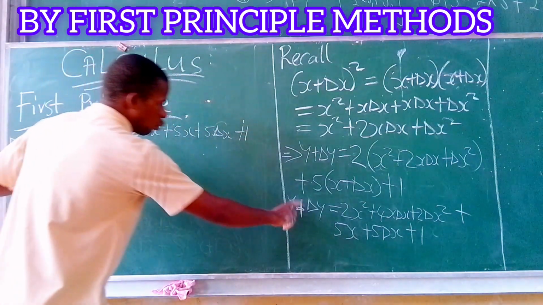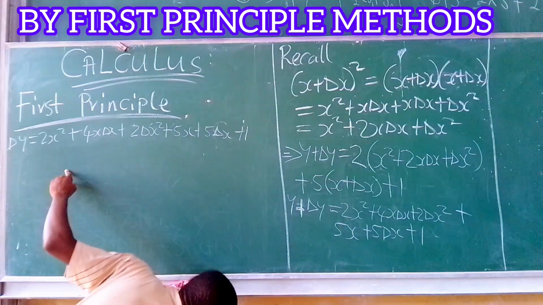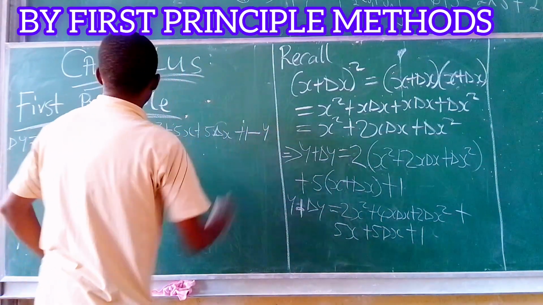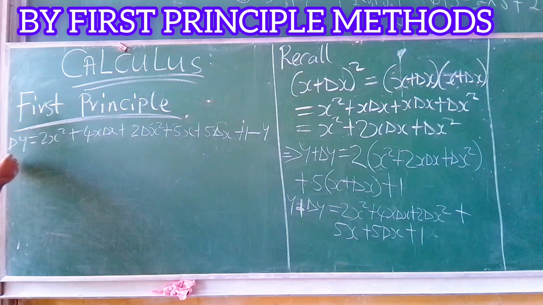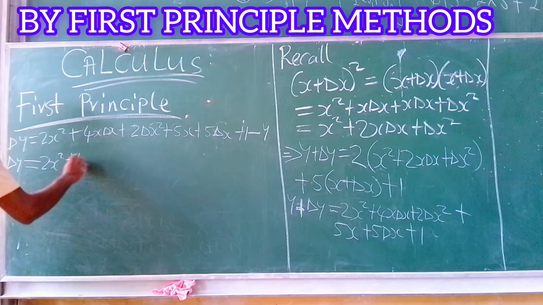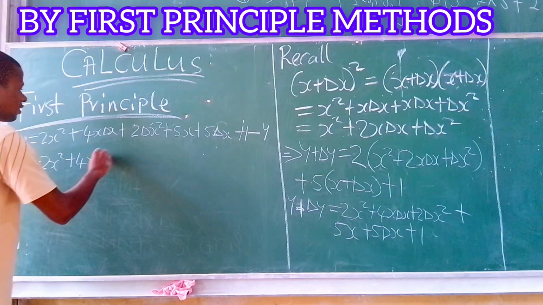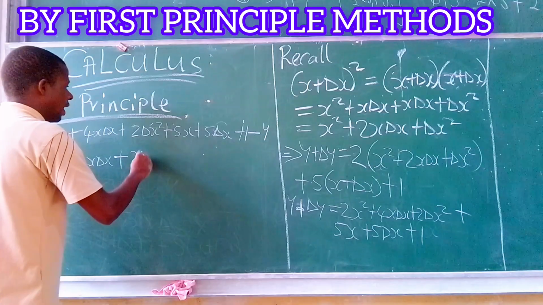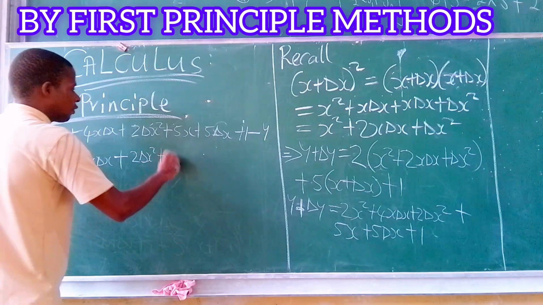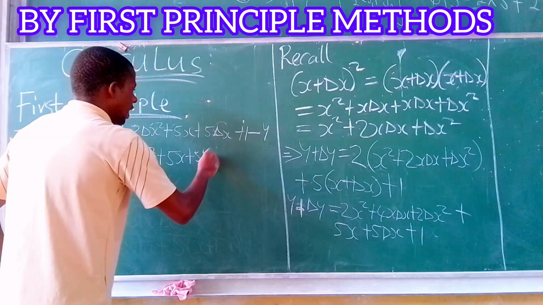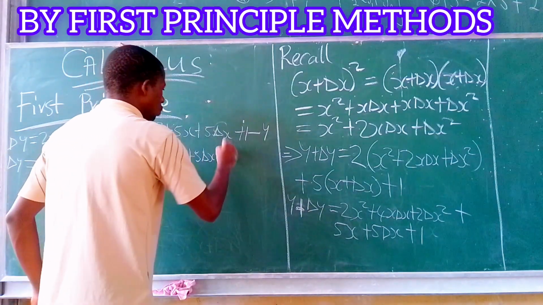When y crosses the equality sign here, it becomes minus y. Don't forget. So here δy equals 2x squared plus 4x δx plus 2 δx squared plus 5x plus 5 δx plus 1.